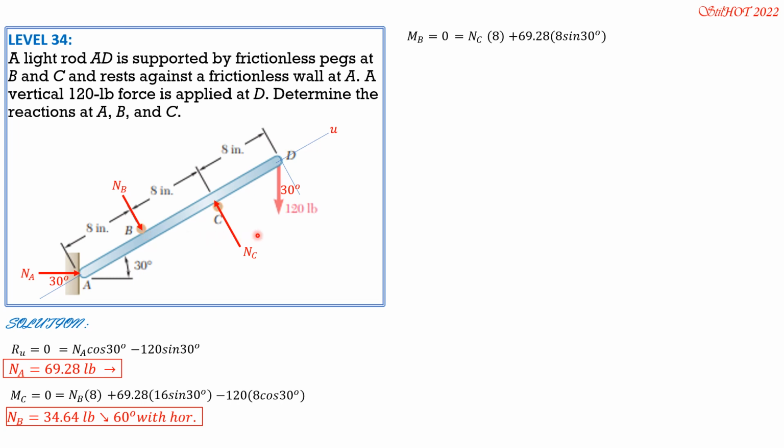This distance is 16 cosine of 30, because this is 30 degrees. So minus 120 times 16 cosine 30. So N sub C is 120 times 16 cosine 30 minus 69.28 times 8 sine 30, divided by 8. So N sub C is 173.2 pounds directed up to the left, 60 degrees with the horizontal.